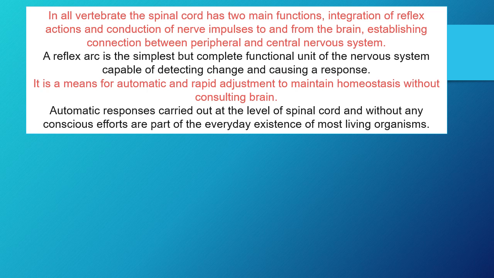It is a means for automatic and rapid adjustment to maintain homeostasis without consulting the brain. Automatic responses carried out at the level of spinal cord and without any conscious efforts are part of the everyday existence of most living organisms.